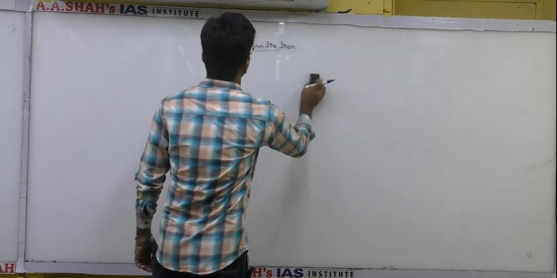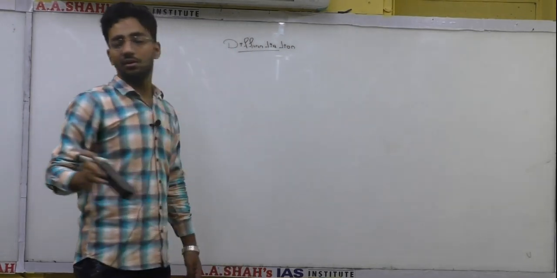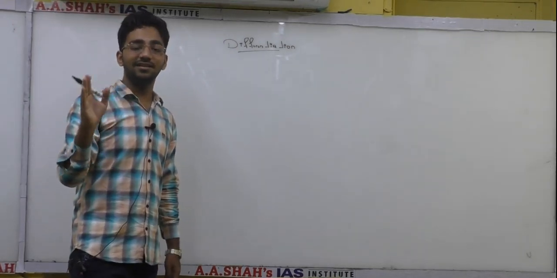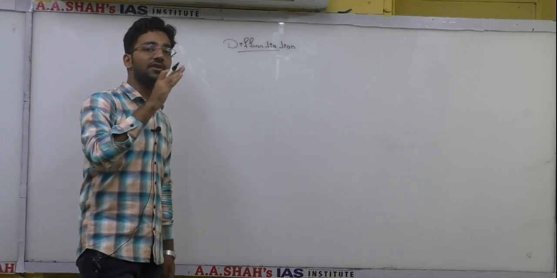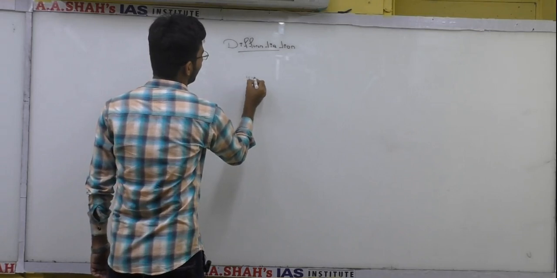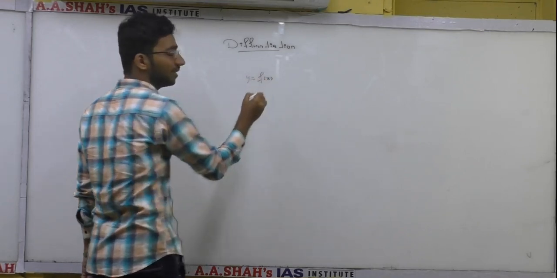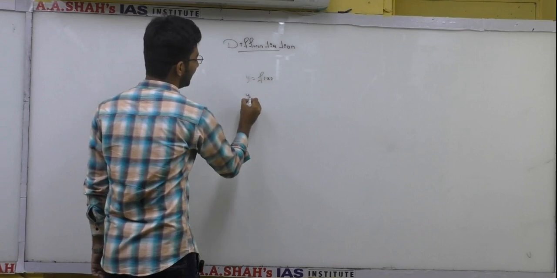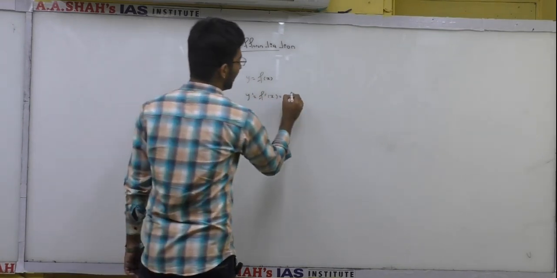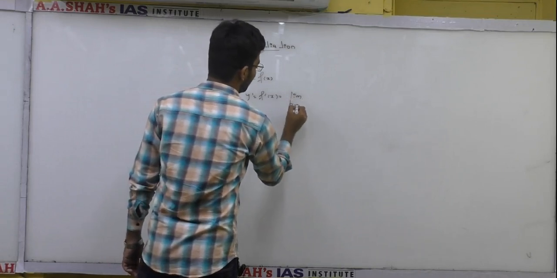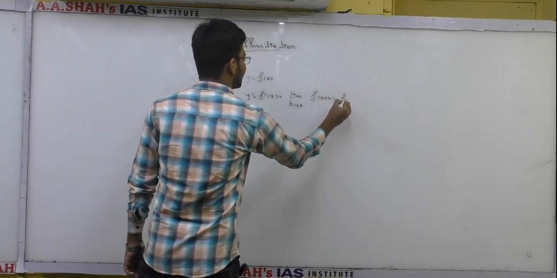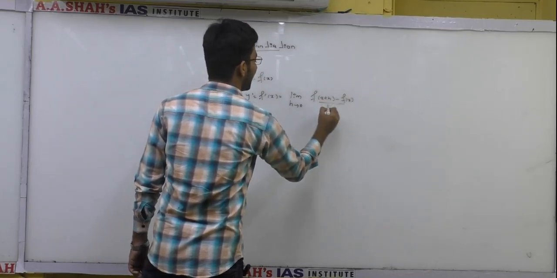So this was all about the differentiation I did today. Differentiation is nothing but instantaneous rate of change, and when things come to rate of change, we always go for the slope of a tangent line. So what was the formula if y equal to f(x)? If you want to find the derivative by using the first principle, then y dash means f dash of x will be equal to limit h tending to 0 of f(x plus h) minus f(x) upon h.